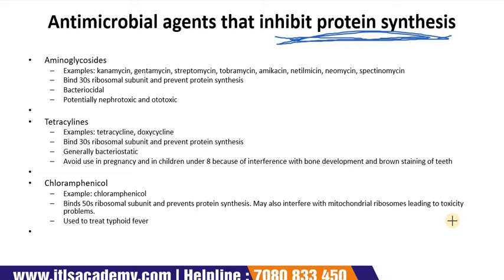In this, we are taking the first one as your aminoglycosides. Here we are taking the examples of kanamycin, gentamicin, streptomycin, tobramycin, amikacin, netilmicin, neomycin, spectinomycin. These are examples of aminoglycosides, and their mode of action is that they inhibit the protein synthesis in growing unwanted bacteria.